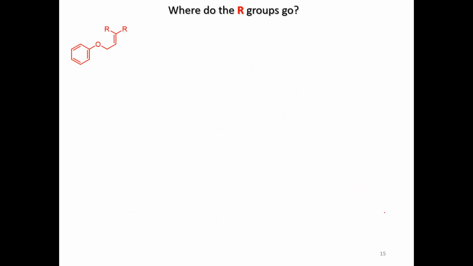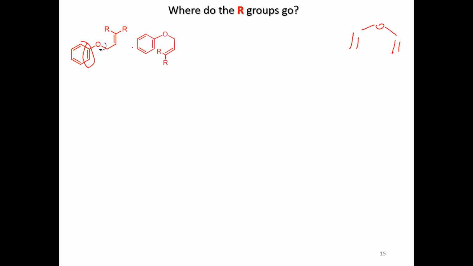Think about it. You always want to put it in a way that reminds you of something like that. One of them could be this double bond.